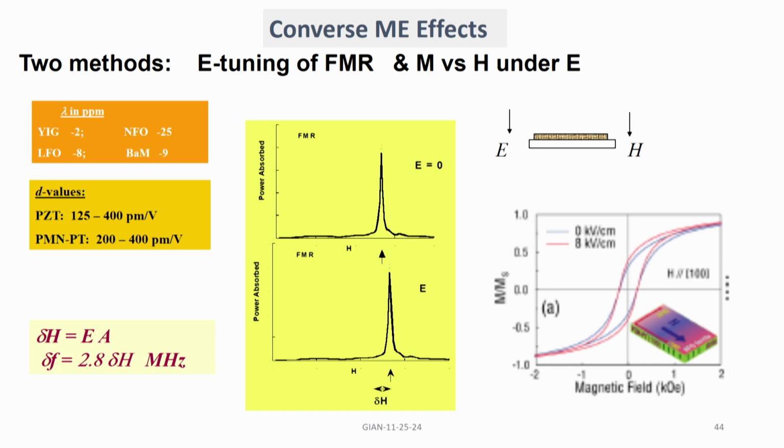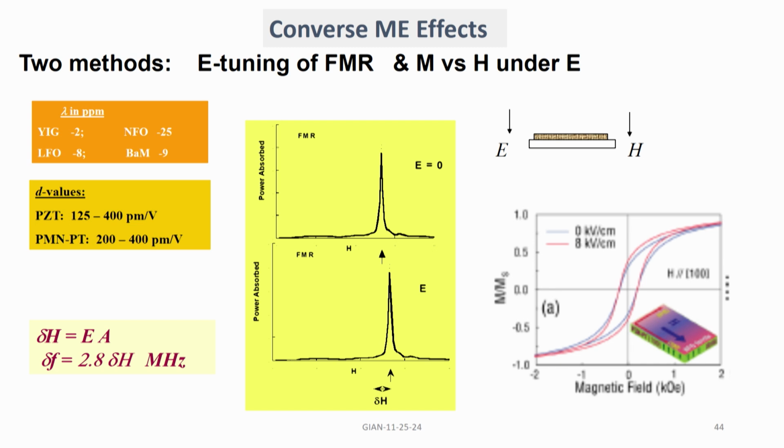Now this one is what I am talking about, ferromagnetic resonance under electric field, and this is M versus H under an electric field. You can do either one. The third option would be to use a scanning probe microscope, do magnetic force microscopy, image the domains, get data on the phase and the amplitude of MFM, then apply a voltage, then look for any change. That you can come up with a number that would quantify the strength of the magnetoelectric coupling. But for now, we will focus on these two types of measurements.